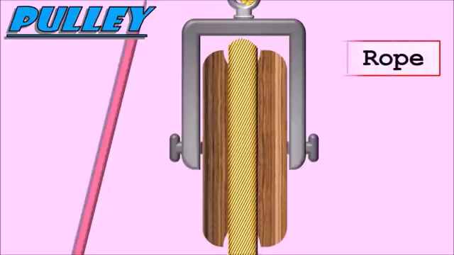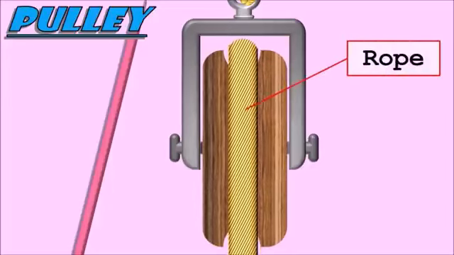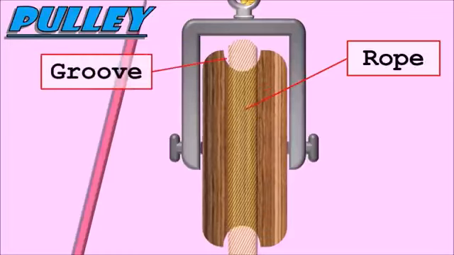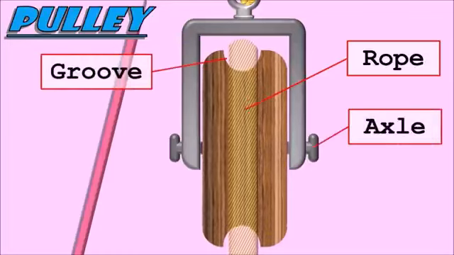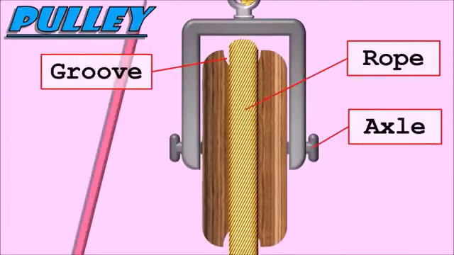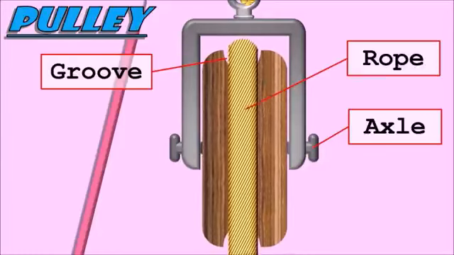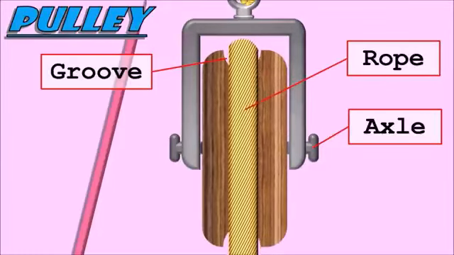A pulley has a rope sliding on the groove of the wheel. The groove prevents the rope from slipping. The axle, on the other hand, serves as the mounting bracket that attaches or holds the wheel so that it turns as the rope slides.